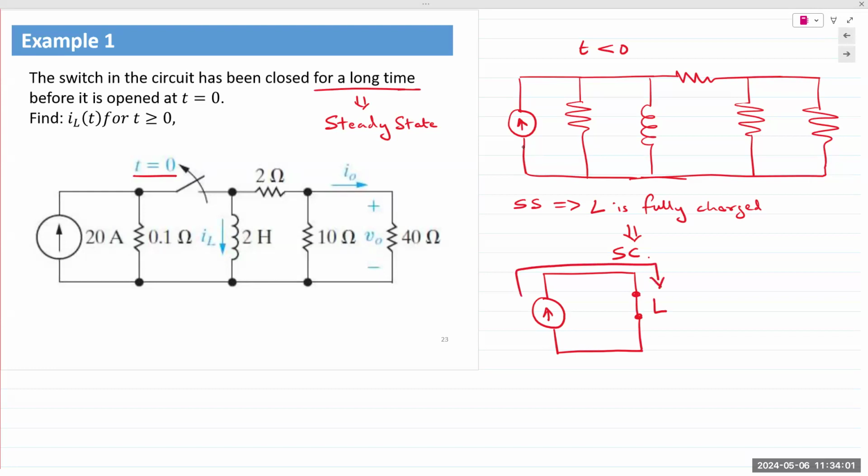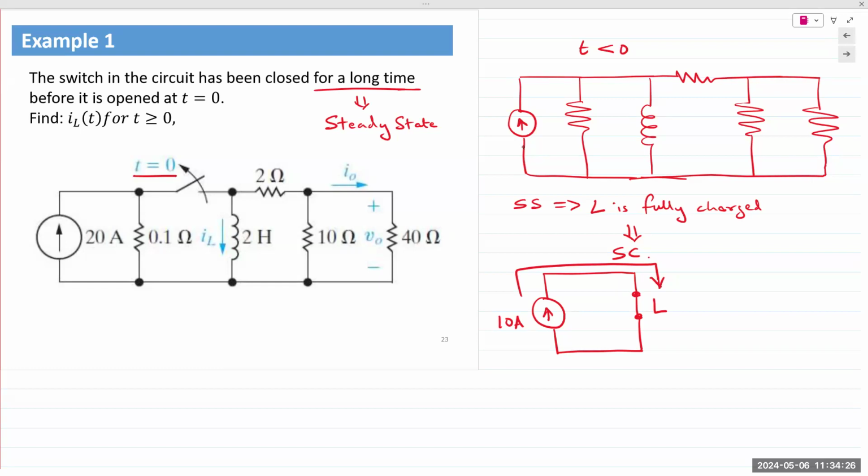All of the current from the source is going to flow through that inductor because the inductor is at maximum charge and behaves like a short circuit. Anything that is in parallel with a short circuit wire is effectively redundant because a short circuit wire has resistance of 0 ohms. If it's 0 ohms, it's the path of least resistance, meaning everything will go down that pathway.